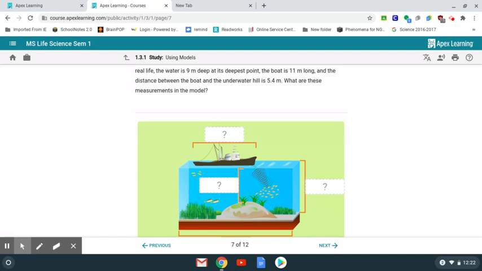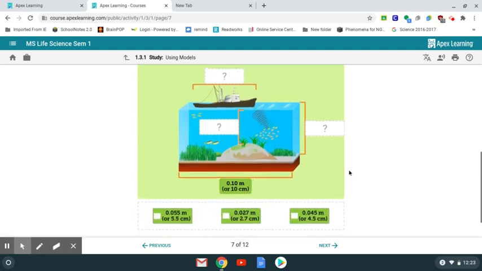So I'm going to take all of those numbers and divide by 200. Because if it's really 9 meters down, well, what's the scale? So it's going to be 9 divided by 200. On my calculator, 9 divided by 200, I get 0.045.